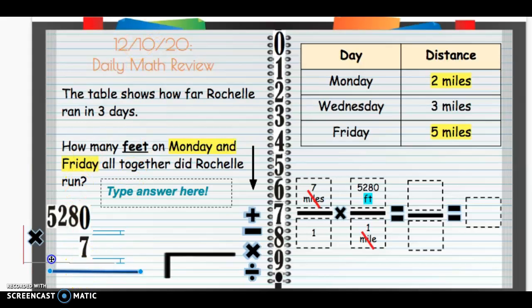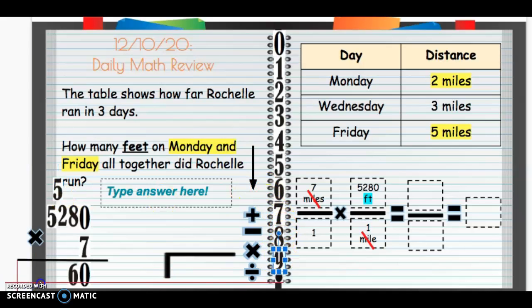So we do 7 times 0 is 0. 8 times 7, 56. So we put our 6 down and our 5 up. 7 times 2 is 14. 14 plus 5 is 19.